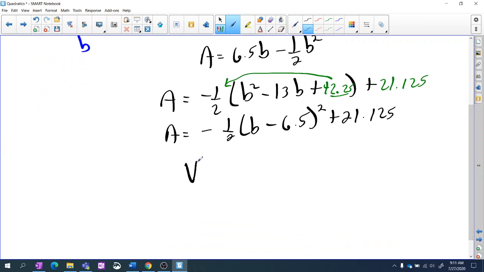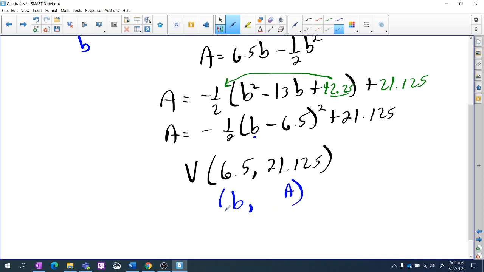So my vertex is 6.5, comma 21.125. Now interpret your vertex. So this is normally our x, but our x is in this problem being replaced by the variable b. This would normally be our y, but instead of y, we're talking about a. So this vertex is b, comma a.